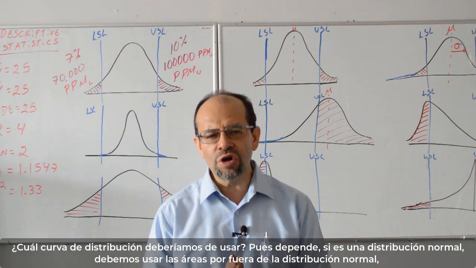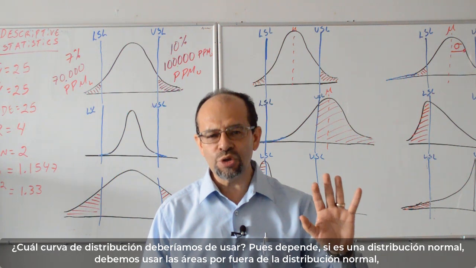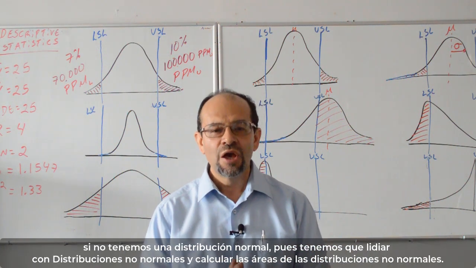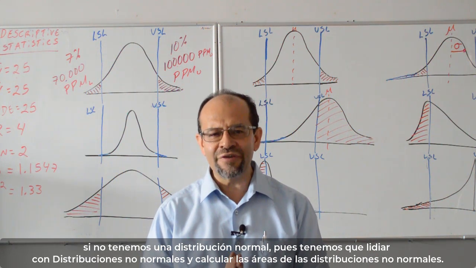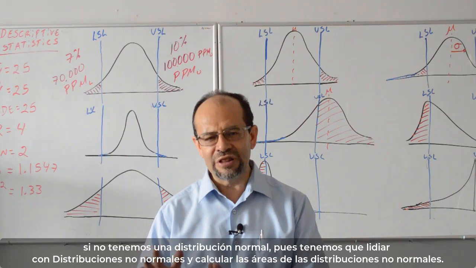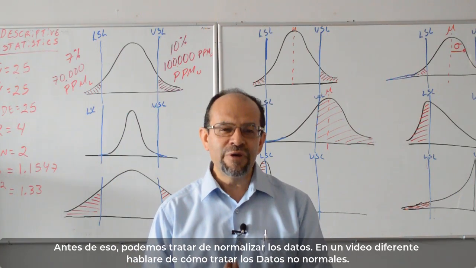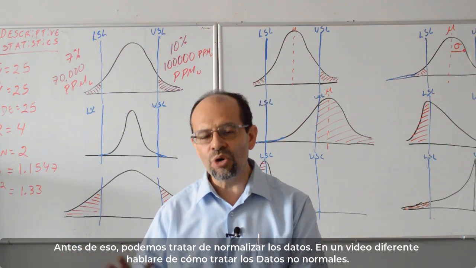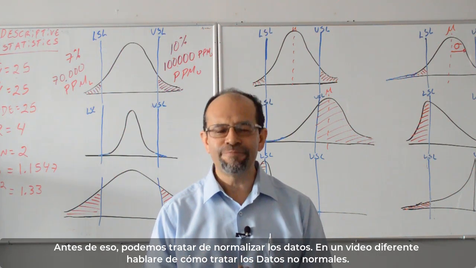What distribution curve should we use? Well, it depends. If it's a normal distribution, we have to use the areas outside the normal distribution. If we are not having a normal distribution, well, we have to deal with non-normal distributions and calculate the areas for the non-normal distributions. Before that, we can try to normalize the data. In a different video, I will be talking about how to deal with non-normal data.